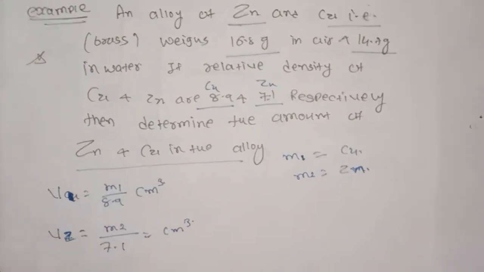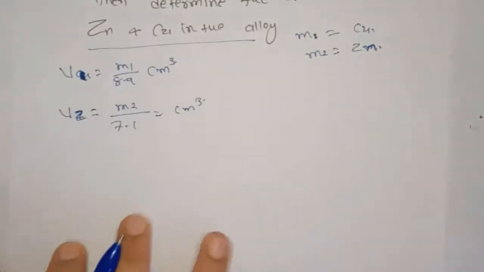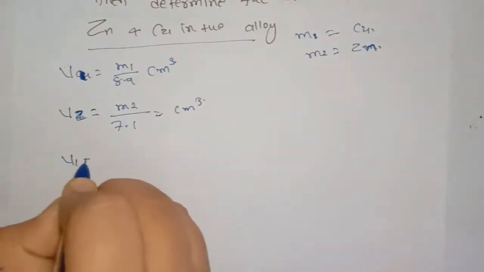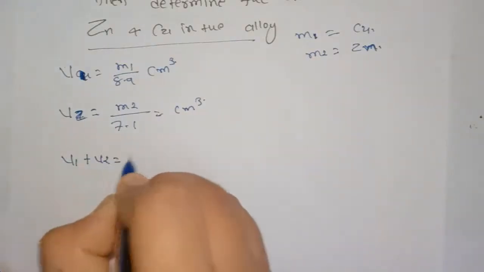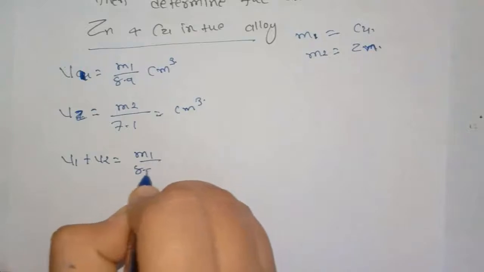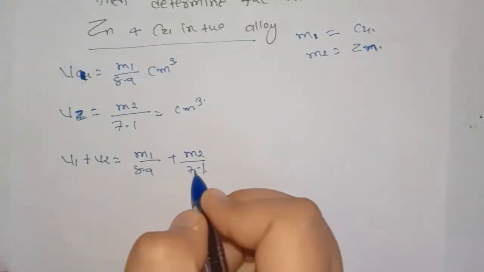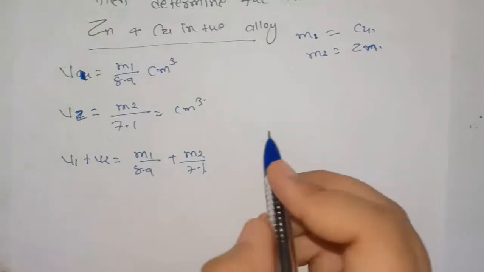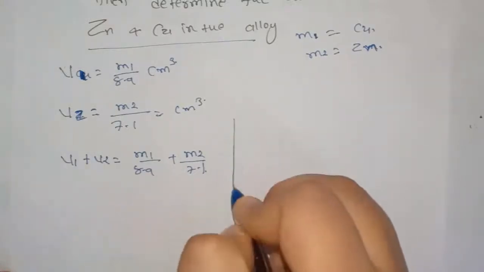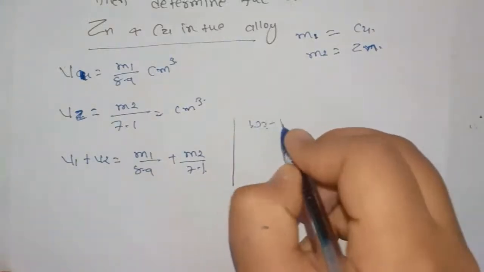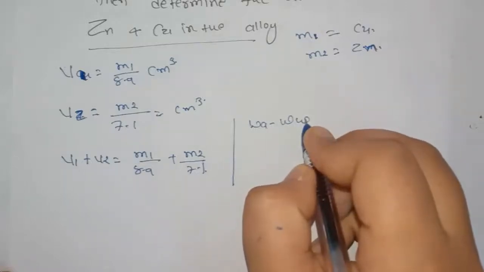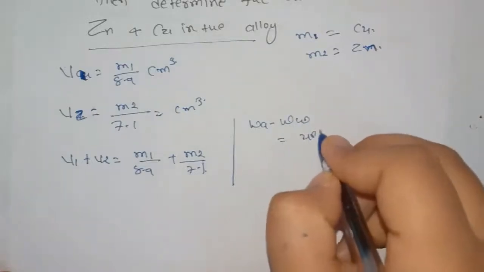Its weight in air is given. Total volume will be V1 plus V2, that is m1 upon 8.9 plus m2 upon 7.1.